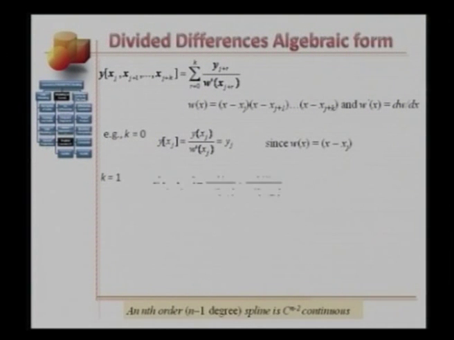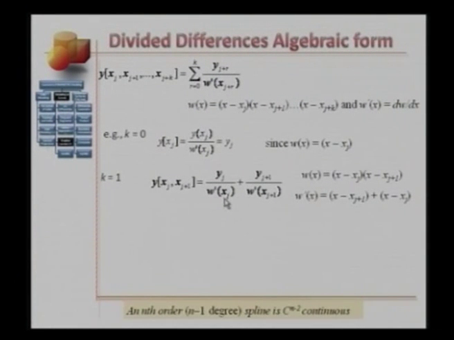For k equals 1, we have the first divided difference with base as xj, so y of xj, xj plus 1 equals, from this relation here, yj over w prime of xj plus yj plus 1 over w prime of xj plus 1. Here w of x equals x minus xj times x minus xj plus 1. So w prime, the first derivative, is equal to x minus xj plus 1 plus x minus xj.